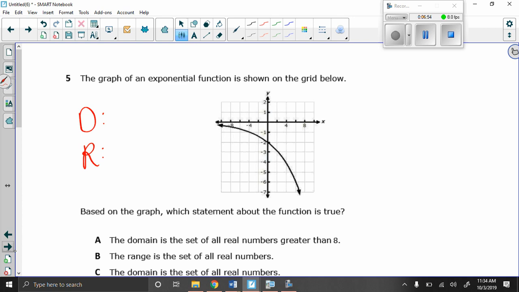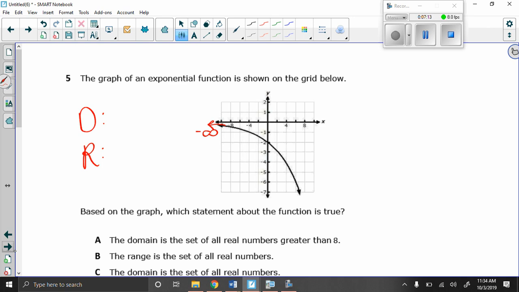So for this one, our domain, I have a graph with 2 arrows, and I see that my left arrow keeps going and going and going, so that I know that it keeps going to the left and to negative infinity.